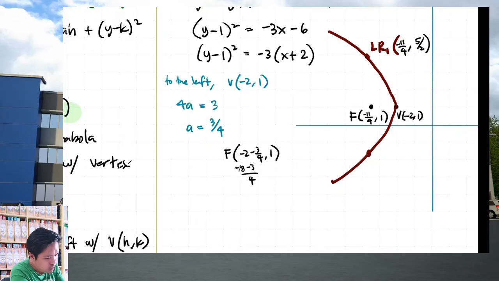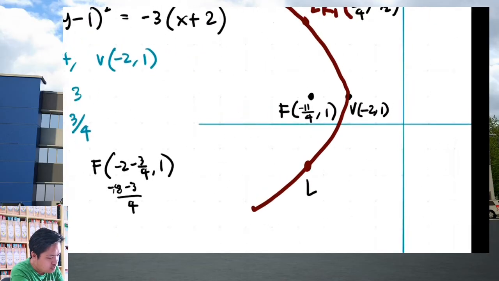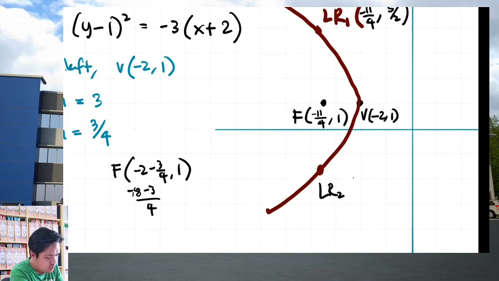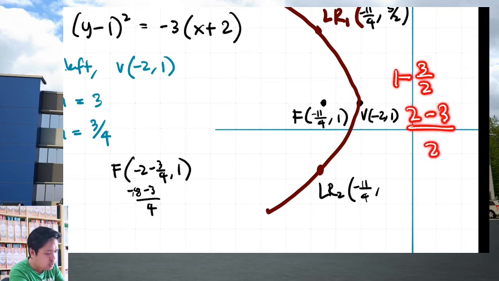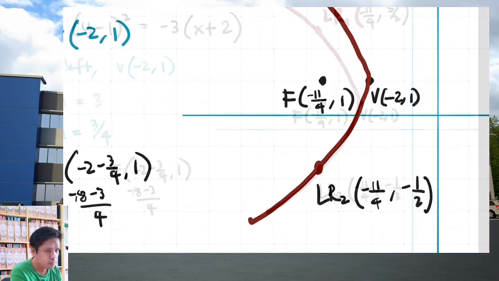Then, the other end, so that's LR2. Again, located siya the same point as the focus along X. Pero yung sa Y naman, that would be 1 minus 2a, which is 3 over 2, negative 1 half. So, not drawn to scale yung drawing natin. That's negative 1 half.